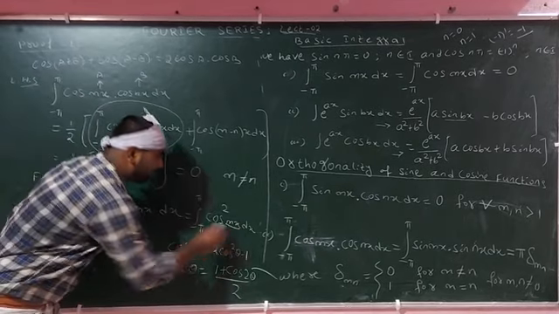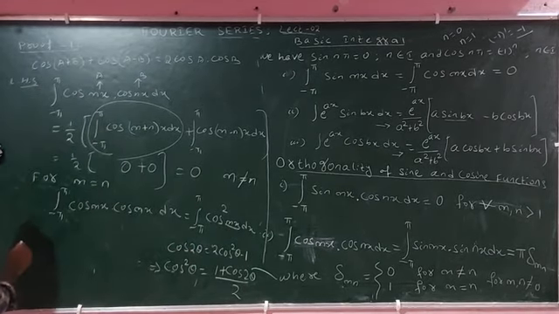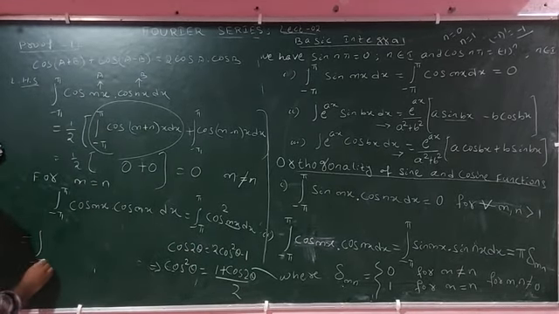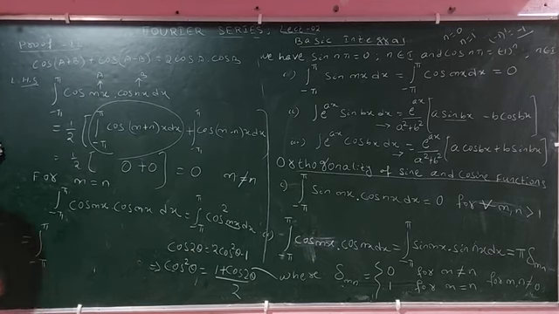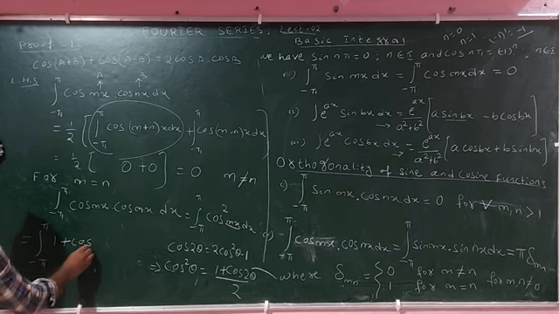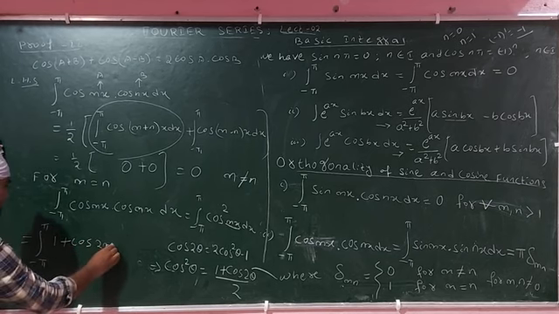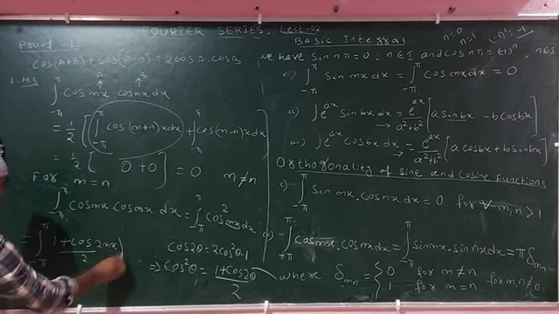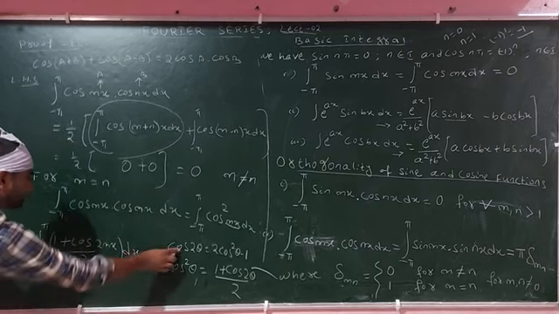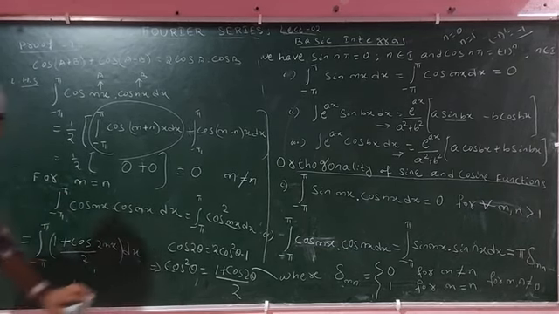Here theta will be mx. So we have the integration from minus pi to pi of (1 plus cos 2mx) divided by 2.